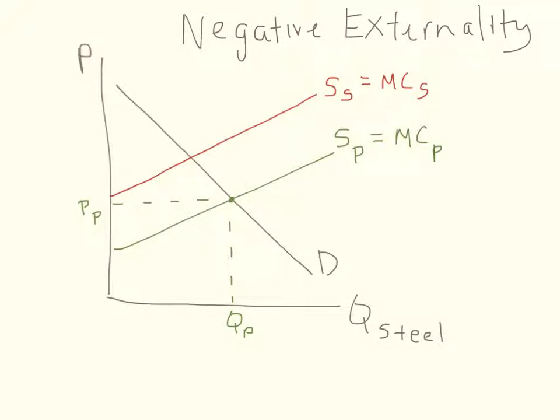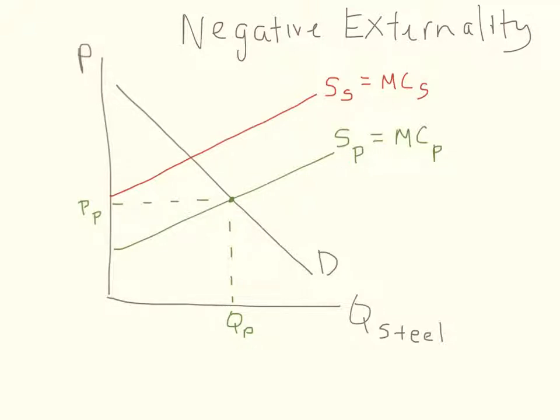Looking now at the supply side, let's start with our green curve here, which is the marginal cost curve to this steel manufacturing facility. And the marginal cost curve here will also serve as our supply curve. I've got the P to denote that this is the private marginal cost.